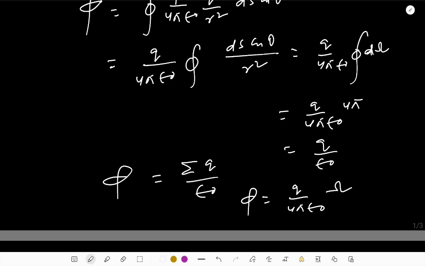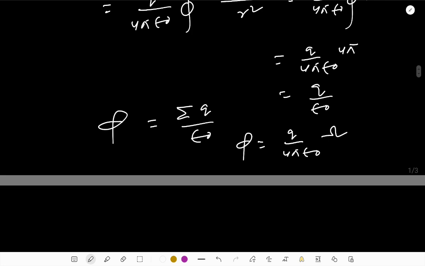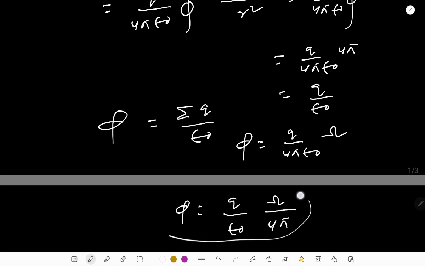You can put your observer at the surface, so that you can clearly identify the field lines coming to you or moving away from you, and you can put a plus and minus sign accordingly. Or you can write the flux through an open surface as q by epsilon naught multiplied by sigma by 4 pi.